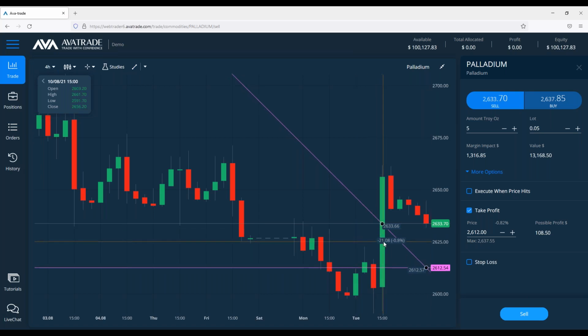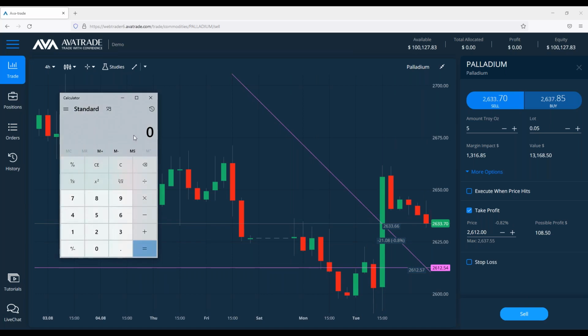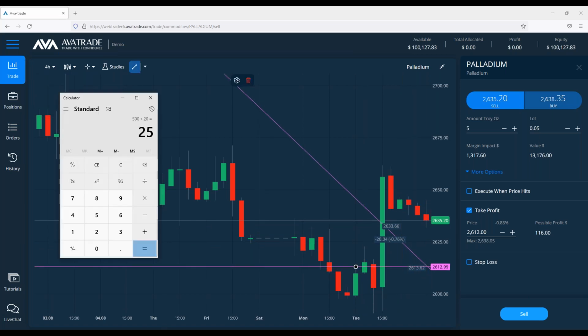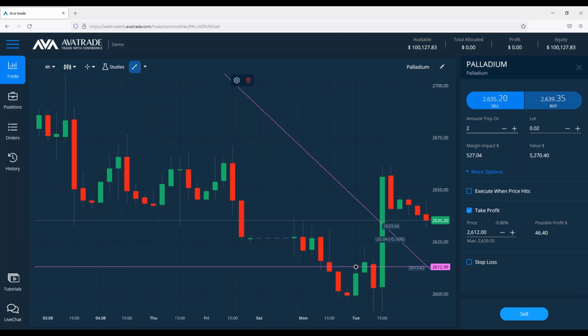As you can see here, 21 in difference. If we divide 500 by 20, let's make it a round number. It's 21, but let's make it 20 just for the sake of the discussion, so it will be easier for you guys to understand. 500 by 20, that's 25 ounces. If we change here to 25 ounces, as you can see, 500.